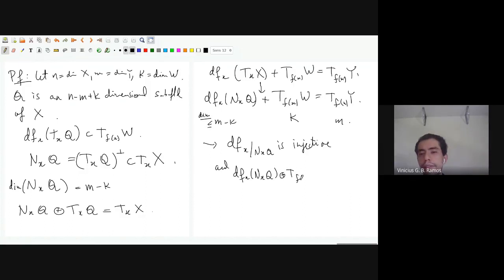They don't intersect non-trivially. Okay, so we have this direct sum.